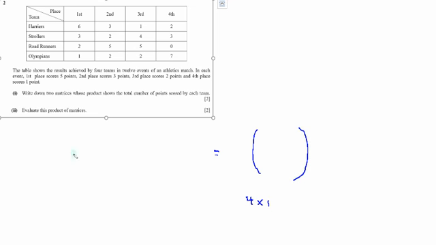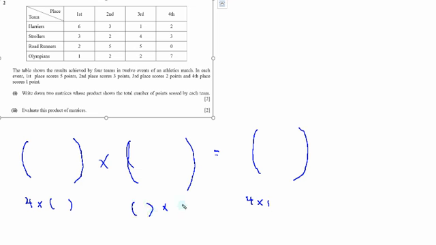Now 4 times 1 means the first matrix must be 4 times something. This multiplies with this, which must be 1. So 4 will come here, and the 1 comes from here. So this is 1 column.